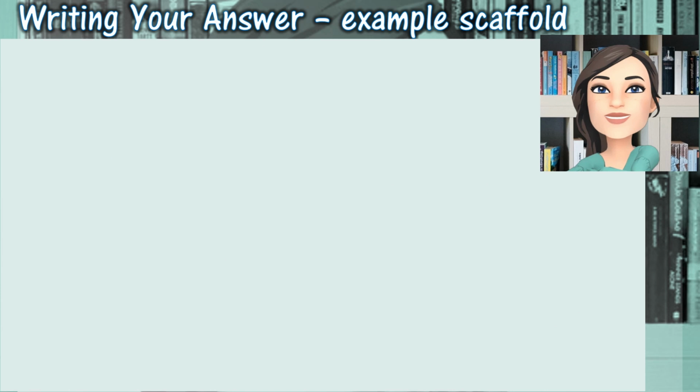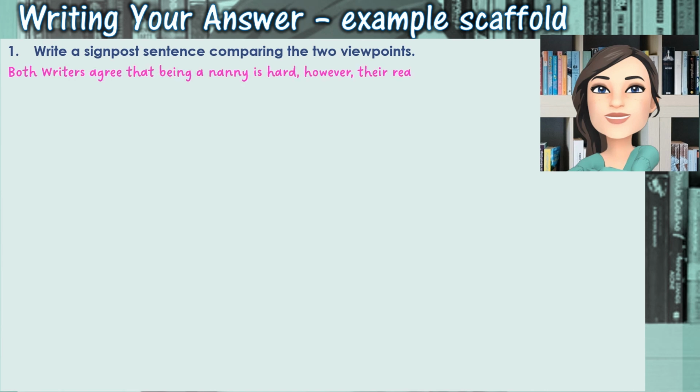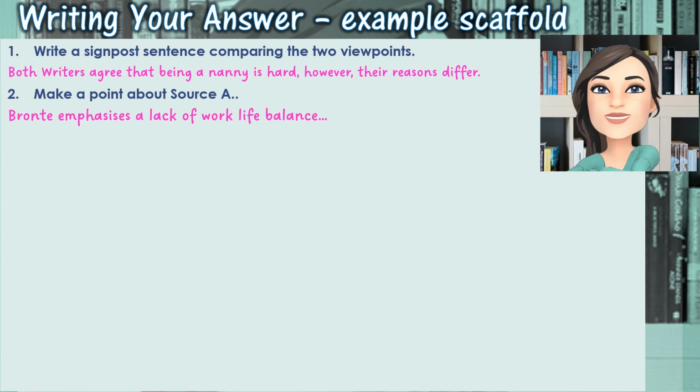Let's look at a more detailed scaffold. So, firstly, step 1, write a signpost sentence comparing the two viewpoints. For example, both writers agree that being a nanny is hard, however their reasons differ. Then step 2, make a point about source A. For example, Bronte emphasises a lack of work-life balance.